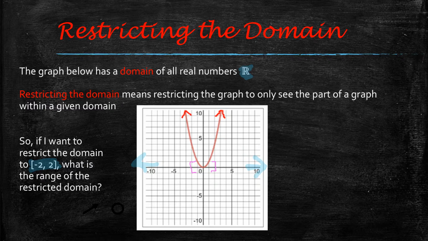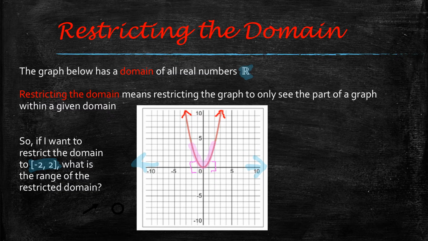So let's go ahead and highlight that part of the graph. That part of the graph would be from here all the way over to here. So again, we're just looking at this part of the graph that's in pink. What is now the range of just that pink area? The other thing I want you to keep in mind is to look at the ends of the interval.